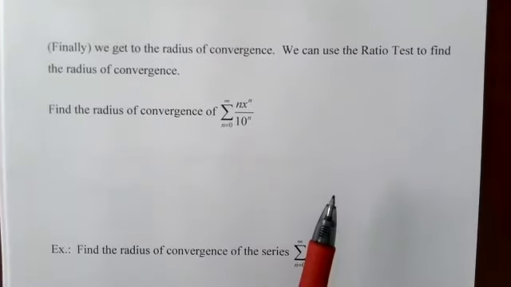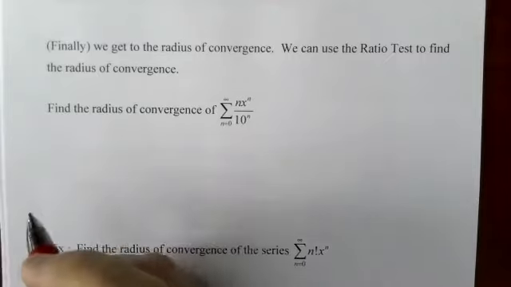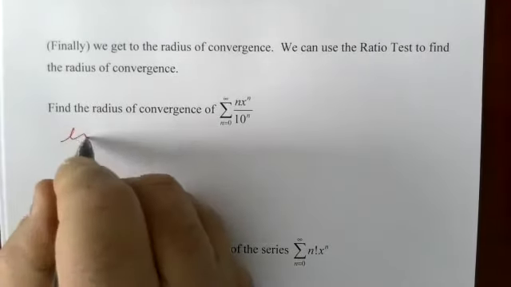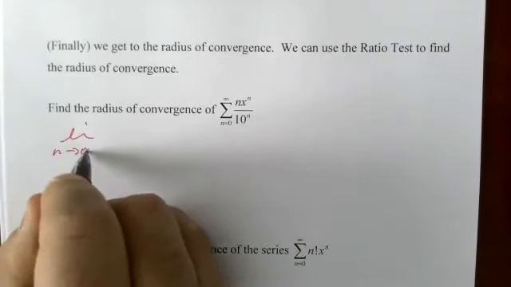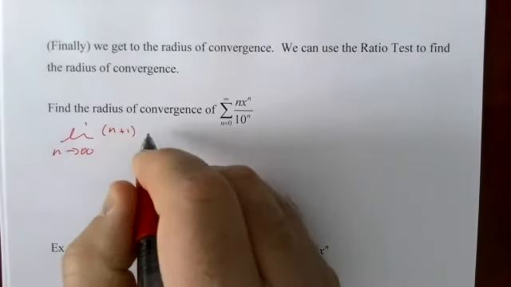So now we get to radius of convergence, and we use the ratio test to find it. Whenever they're asking for radius of convergence, you're going to do the ratio test. Here we go. Limit as n approaches infinity. Now we add 1 to each n.